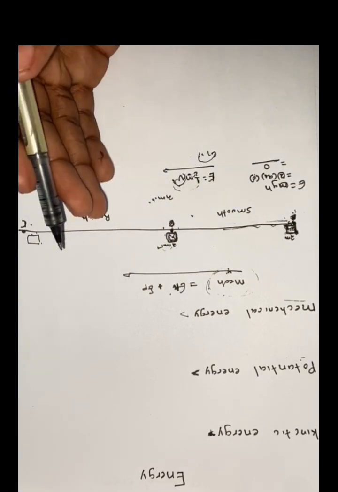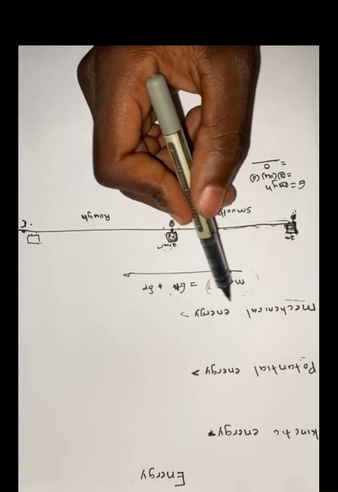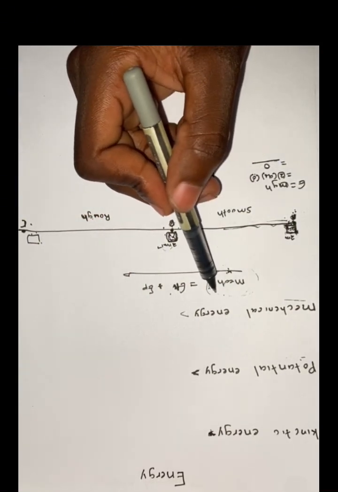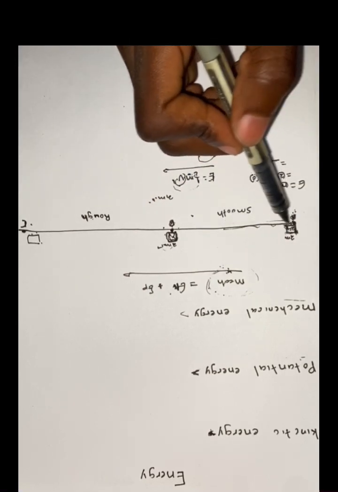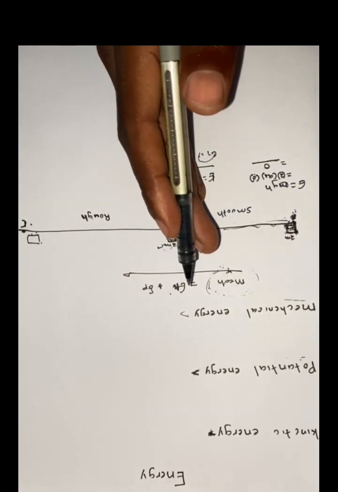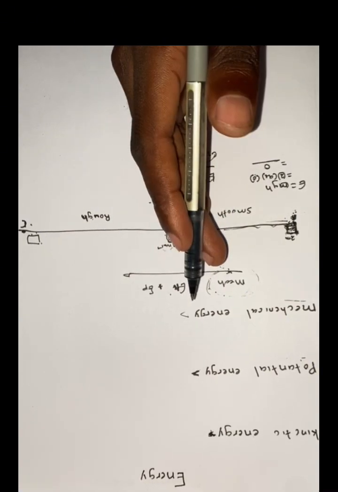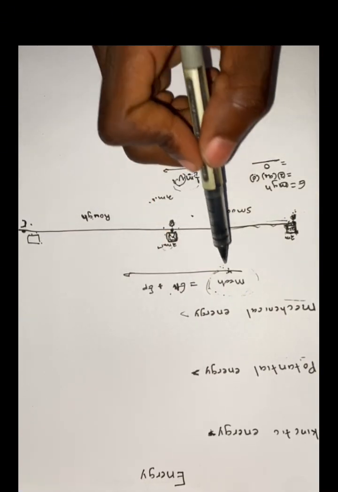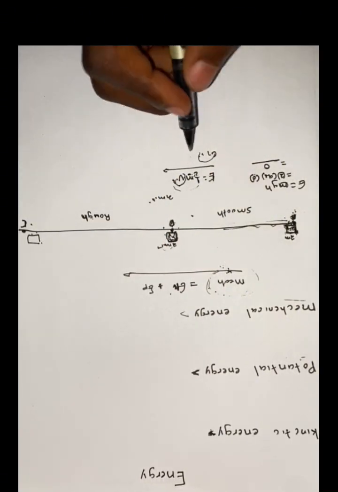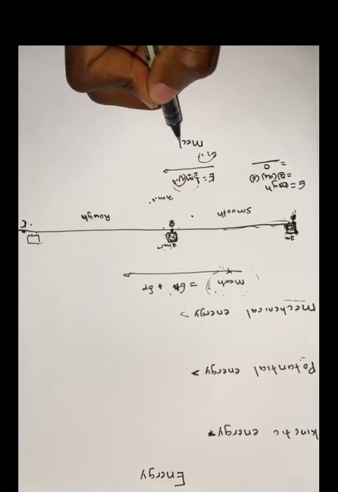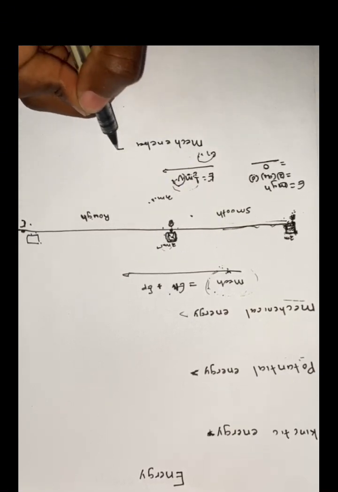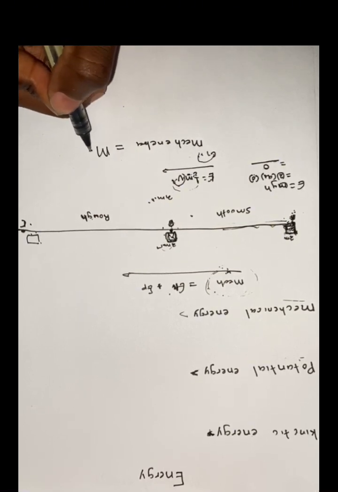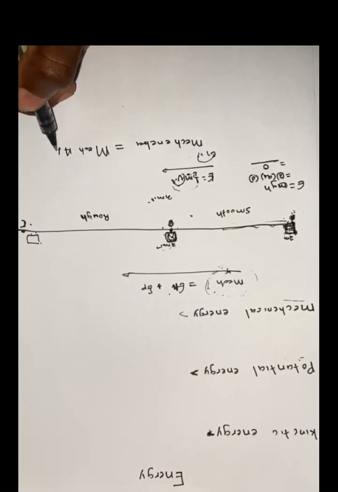Or in other words, I can say that mechanical energy is only conserved when the force acting on the block is Fg only. Therefore, mechanical energy is conserved. Remember, if mechanical energy is conserved, that means mechanical energy before must be equal to mechanical energy after.